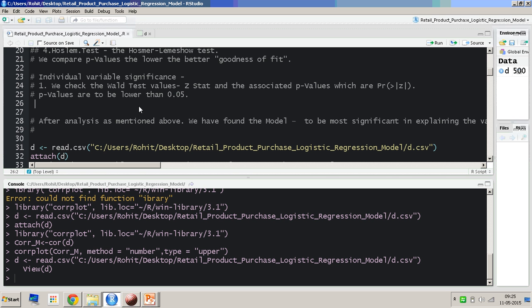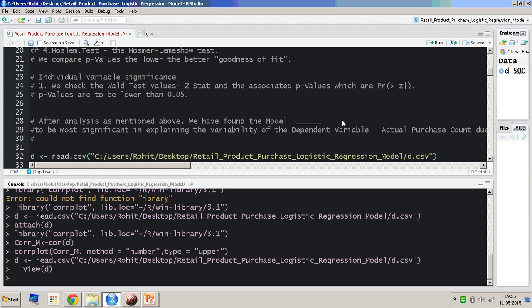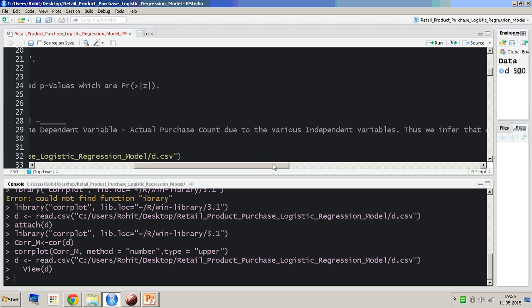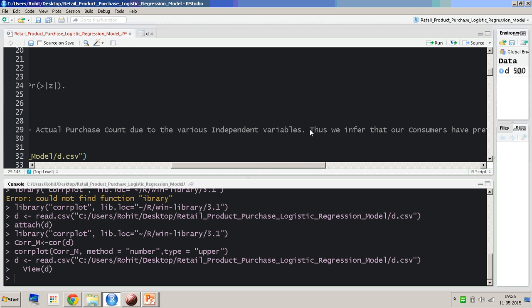So after analysis of all of these, we will find the model. I've just left this blank. I have not filled this up yet. So we will see which particular model we find to be most significant in explaining the variability of the dependent variable, which is the actual purchase count, due to the various independent variables.